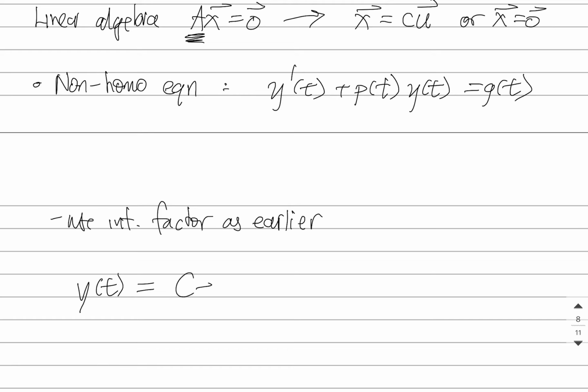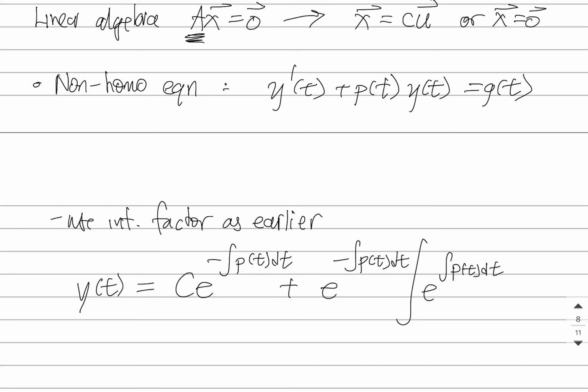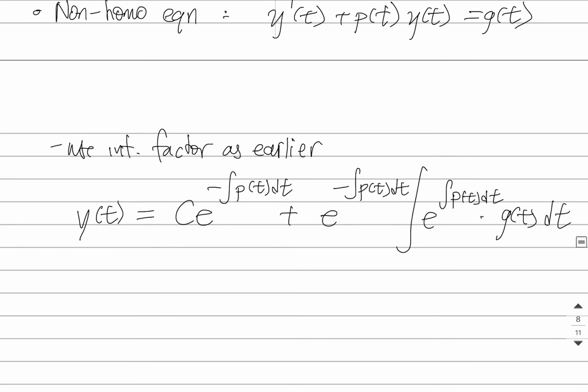We will have c e to the minus p t dt integral, just like that, plus this antiderivative up there, and we will have that integrating factor on the inside, g of t dt. Now this is a mess. Please don't memorize this.